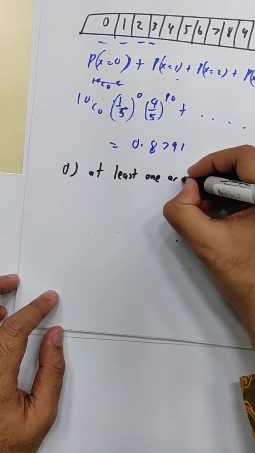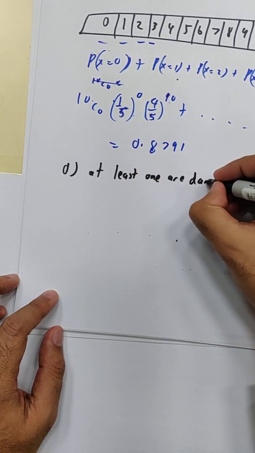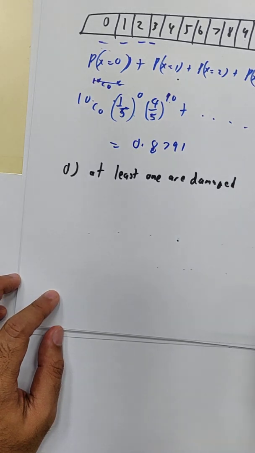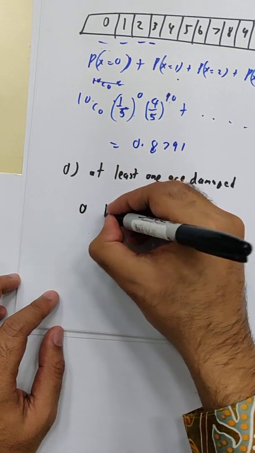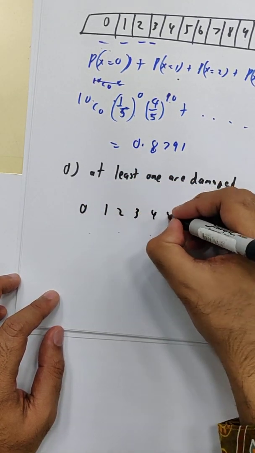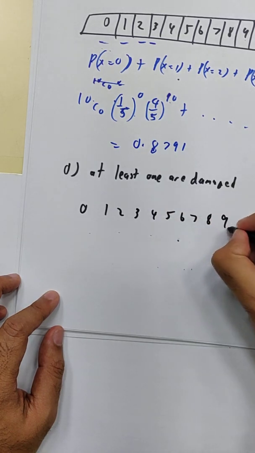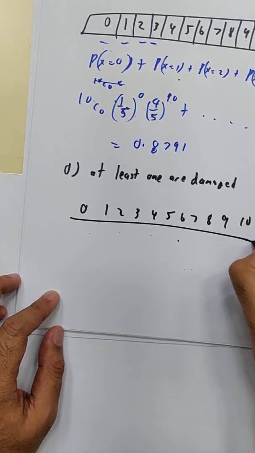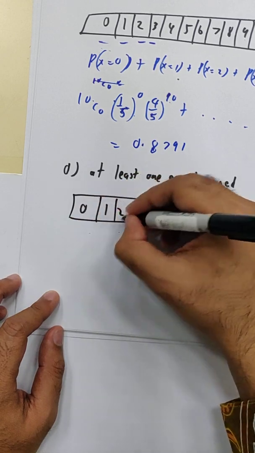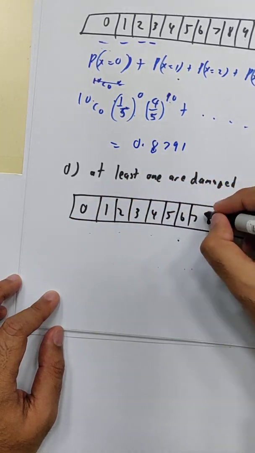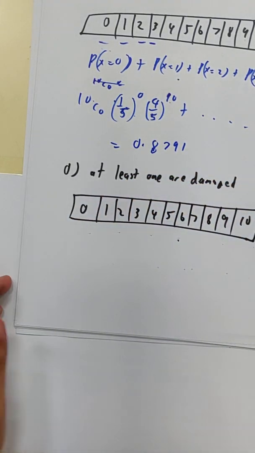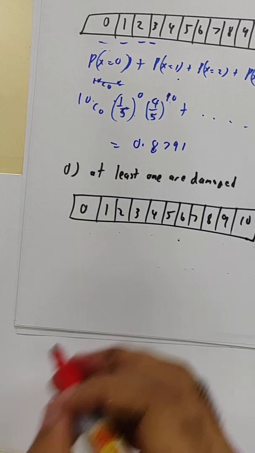Now D, at least 1 box is broken. At least 1 is damaged. How do we do this at least? At least 1 are damaged. Which one is it? One damage.